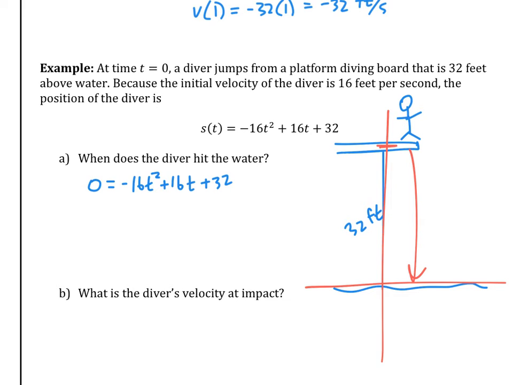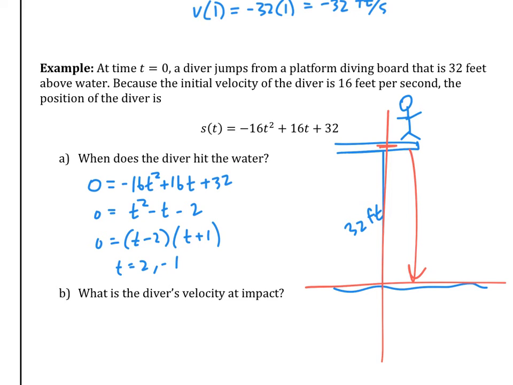All right, this is pretty easy because you could just factor this and solve it. So I'm going to divide everything by negative 16. So then I don't have a negative leading coefficient. So t squared minus t minus 2. And then I'm going to just factor this. T minus 2, t plus 1. So then t is 2 or minus 1.